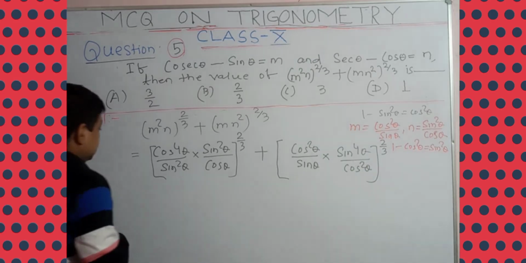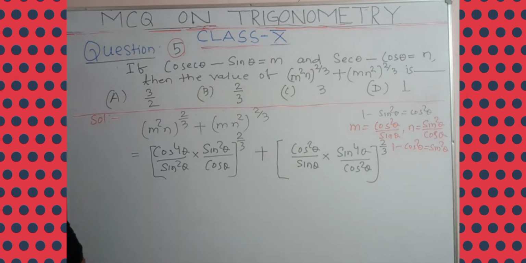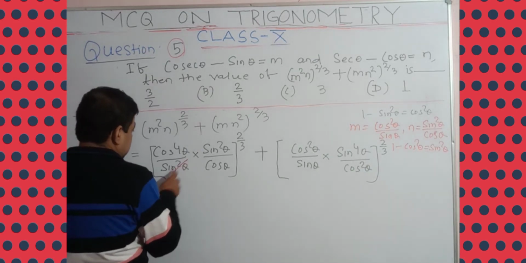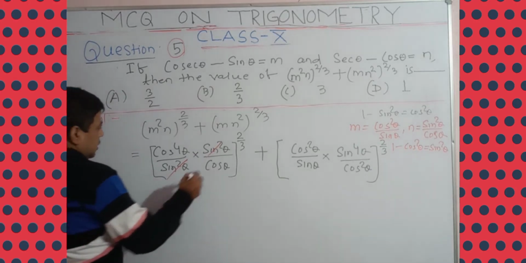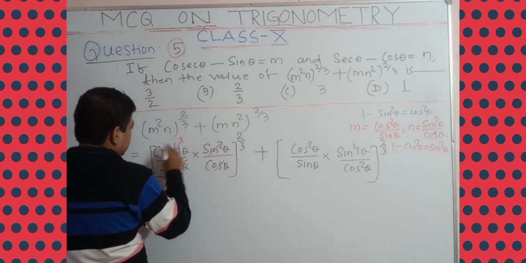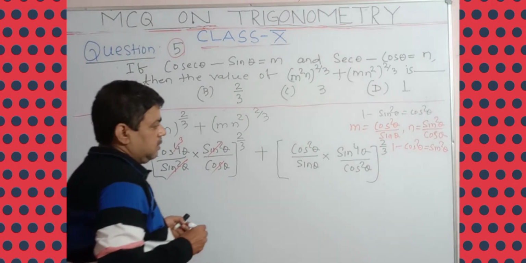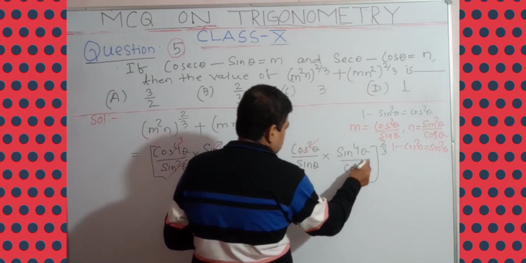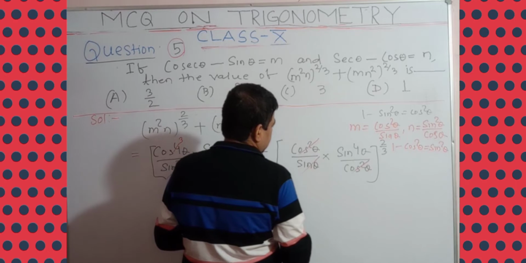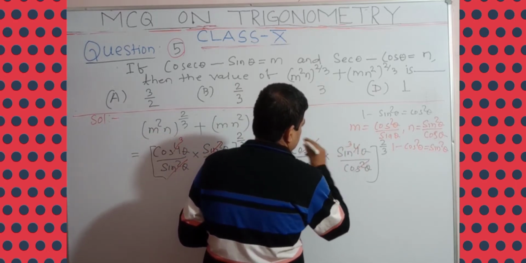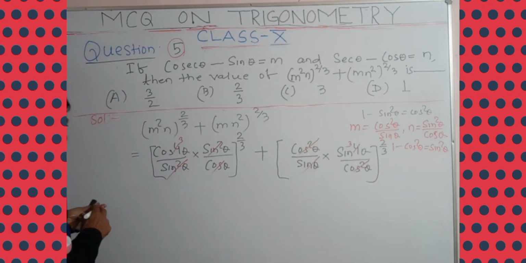Okay. Now you see, we can cancel here sin square theta. Here cos theta will be cancelled, and it will be cos cube theta. Similarly, cos square theta will cancel. Here sin theta will be cancelled and it will be sin to the power 4 theta, so it will be sin cube theta. Okay.